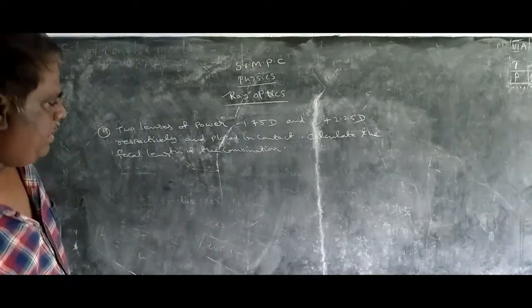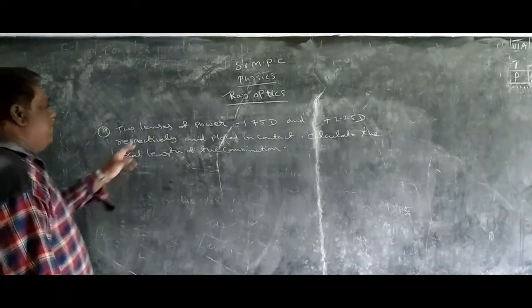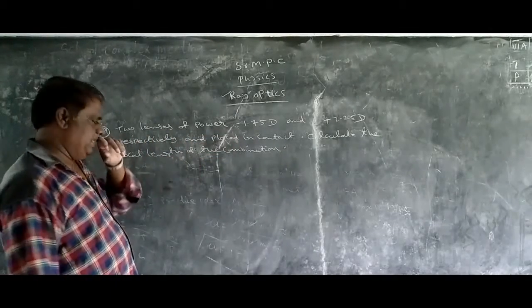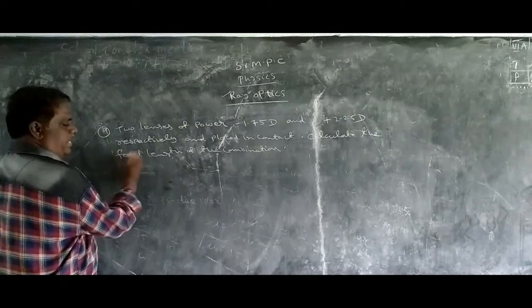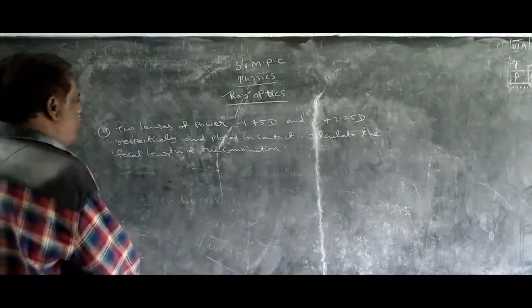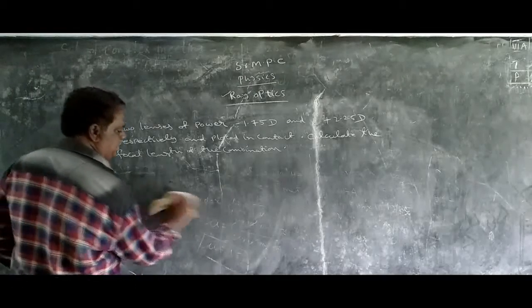So to find this focal length, they are given two lenses here. One is concave, another one is convex. So first, the resultant power of the combination of these two lenses.